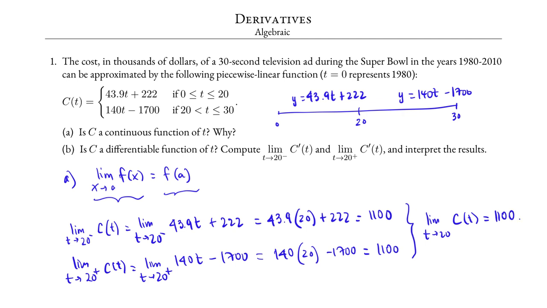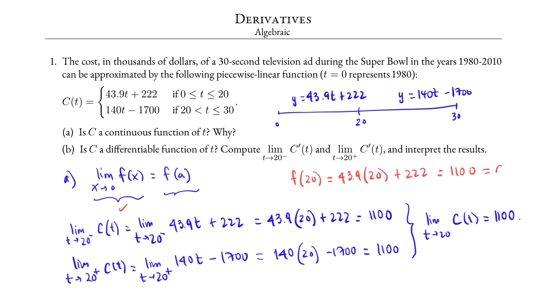But we're not done yet. We still need to check the right-hand side of the equation. That is f(a), but a is 20. The function is defined at t = 20 using the first piece because of the equality here. So we plug 20 into the first piece, 43.9 times 20 plus 222, and this gives us 1100.